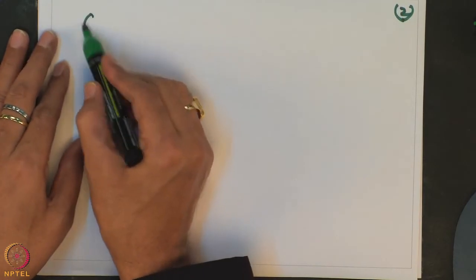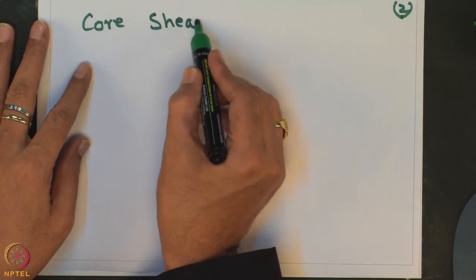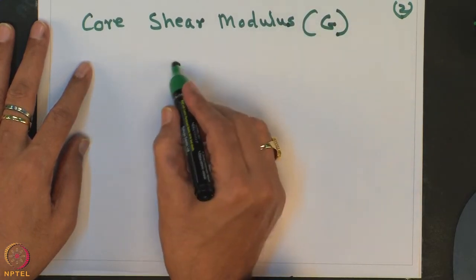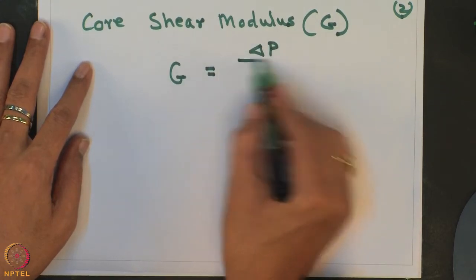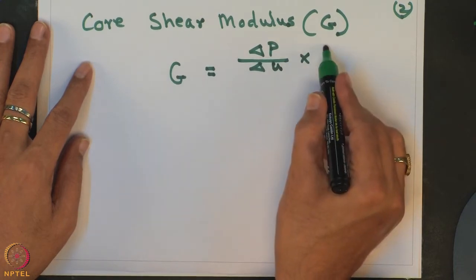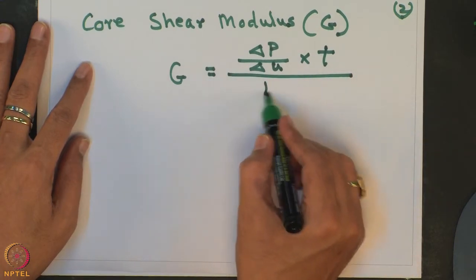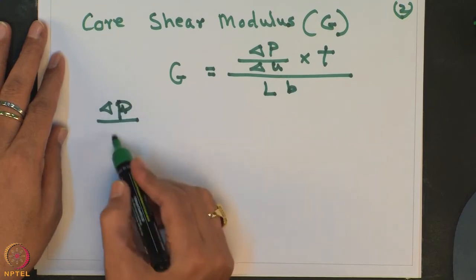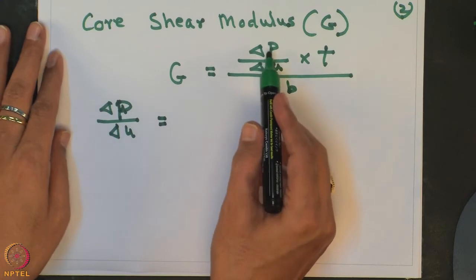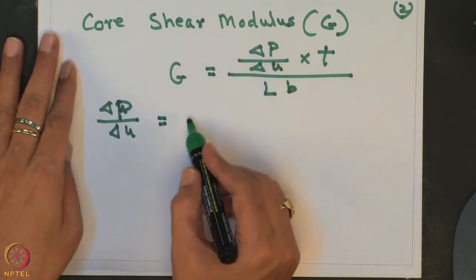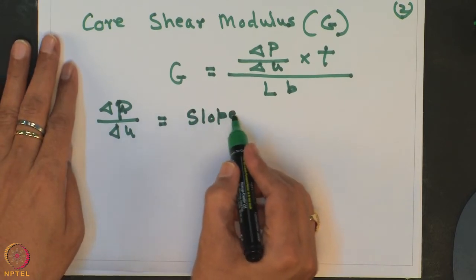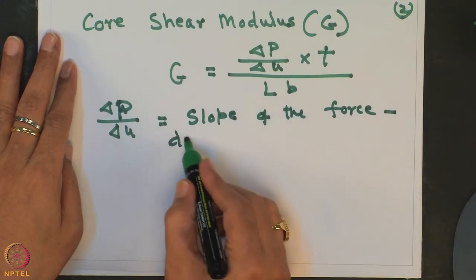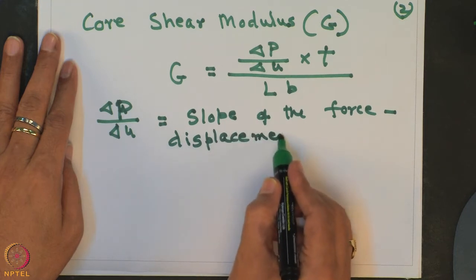You can determine the core shear modulus, which is designated as G. G is equal to del P divided by del U into T, divided by L into B, where del P by del U is equal to the slope of the force displacement curve.